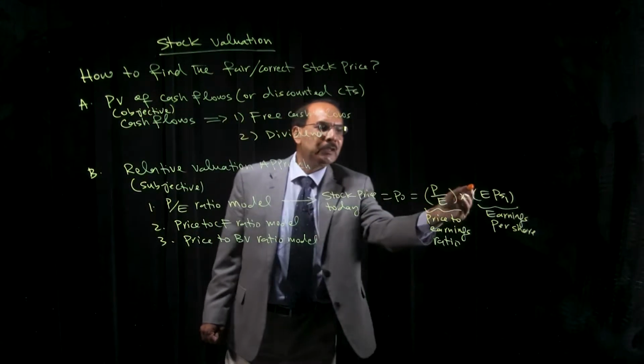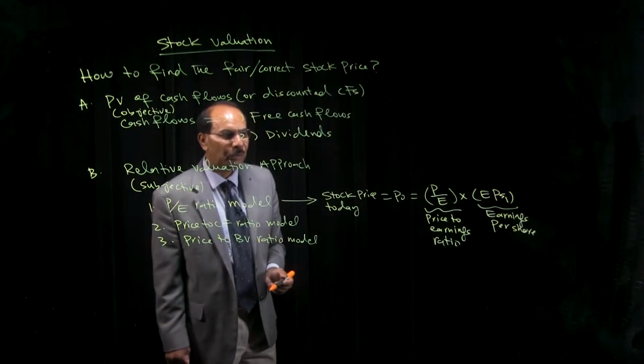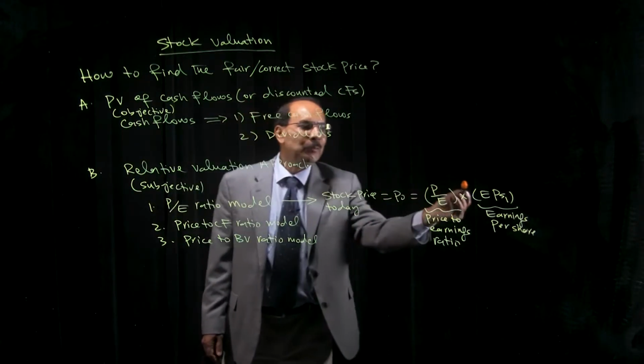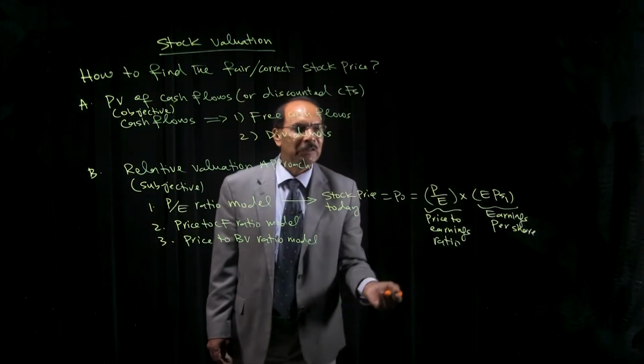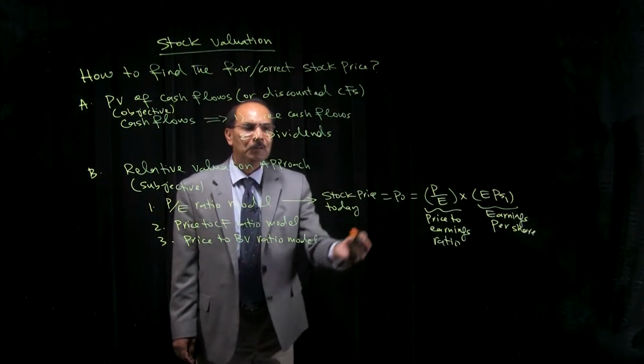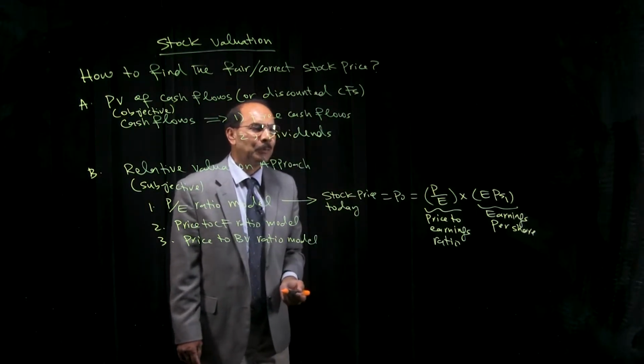So this is something that the firm is going to be reporting to the market, to the shareholder every quarter. Every time new earnings per share are going to be released, we multiply it with the P/E ratio of the firm. That's going to give us the stock price.